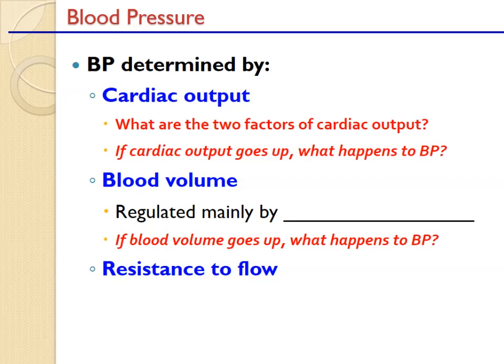Plasma proteins, that kind of thing. What were the two factors? Stroke volume and heart rate. It's regulated by the kidneys, yeah, that's what regulates the solute concentration. Kidneys regulate solute in the blood.